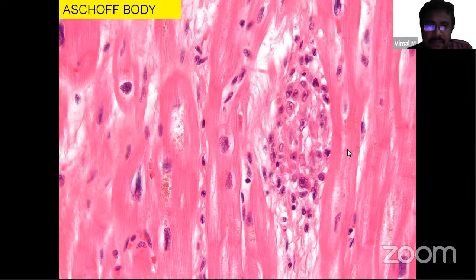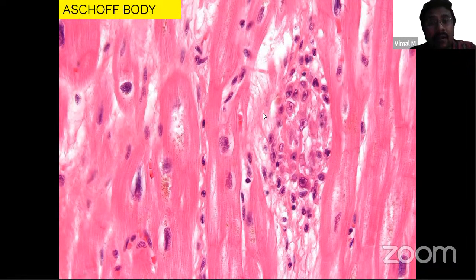Along with the aggregates of histiocytes, you will also be getting fibrinoid necrosis. This collection of histiocytes along with the fibrinoid necrosis, the entire structure, is called the Ashcroft body. Ashcroft body can be seen in pancarditis.